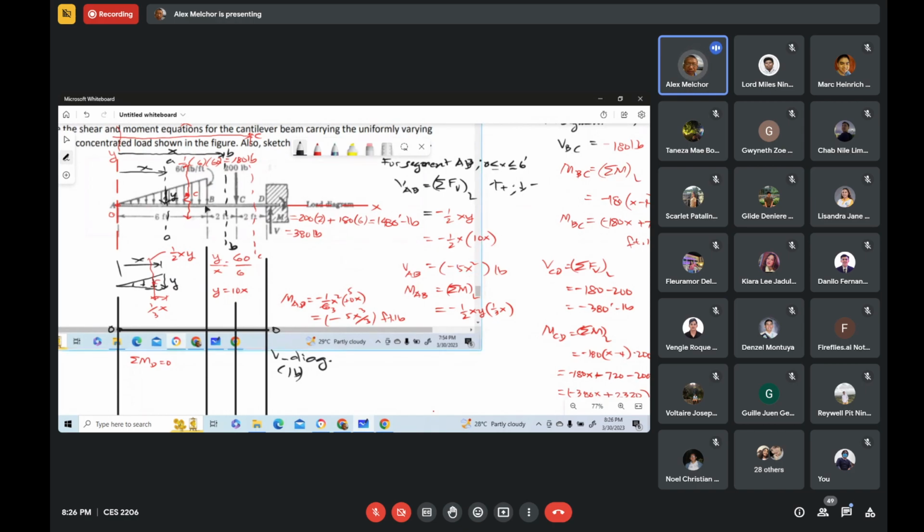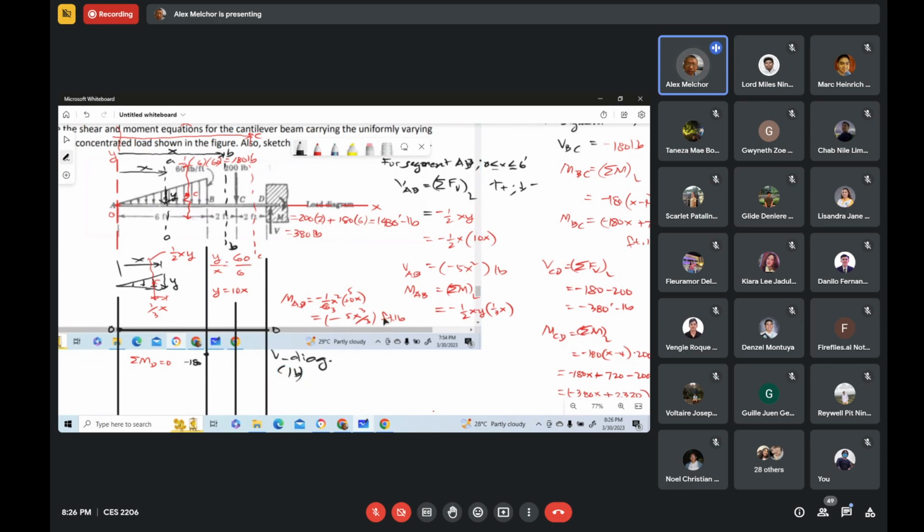And the value of x is 6 feet at section B. So 36 times 5. How much is that? 180, sir. 180. Thank you. So that is negative, so this will be minus 180. You don't need to write the unit because we write already here the unit inside parentheses.